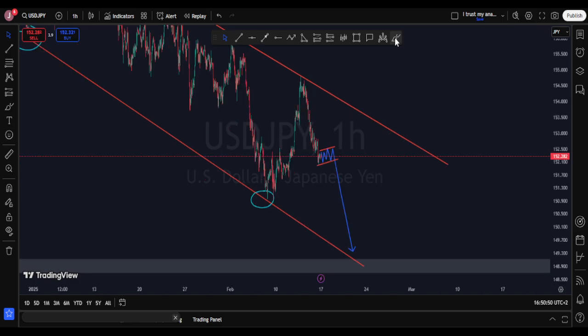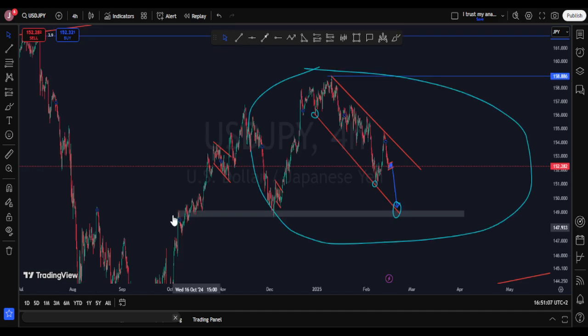And like I mentioned previously, this is going to be a nice confluence, adding on to the confluence with the pattern and the previous zone. Let me go to the 4-hour time frame so that you see the zone I am talking about. This zone right here.